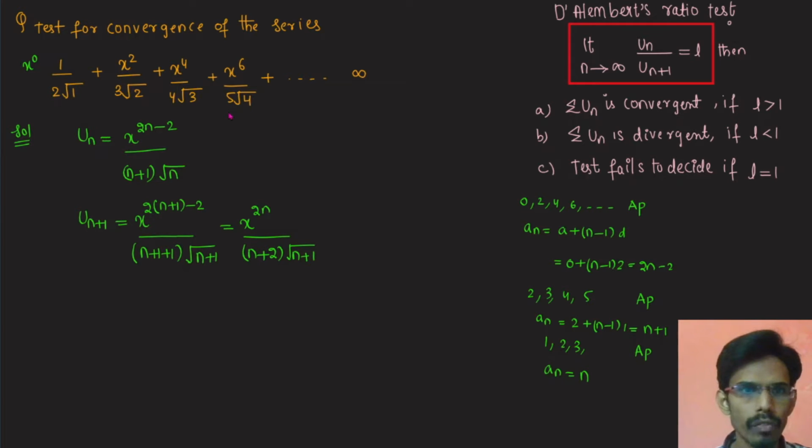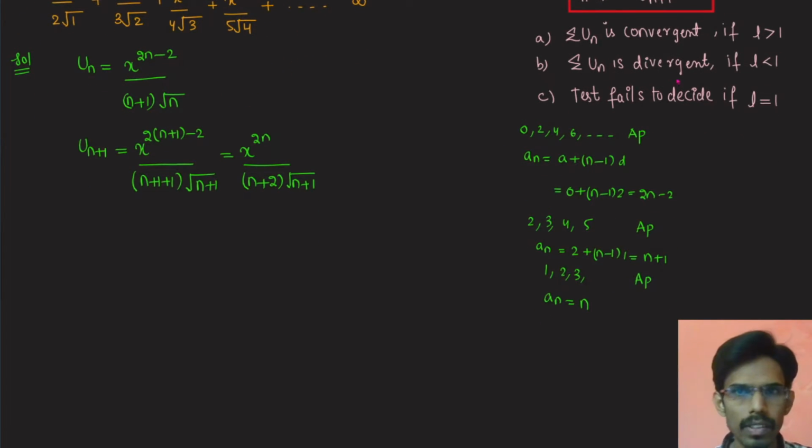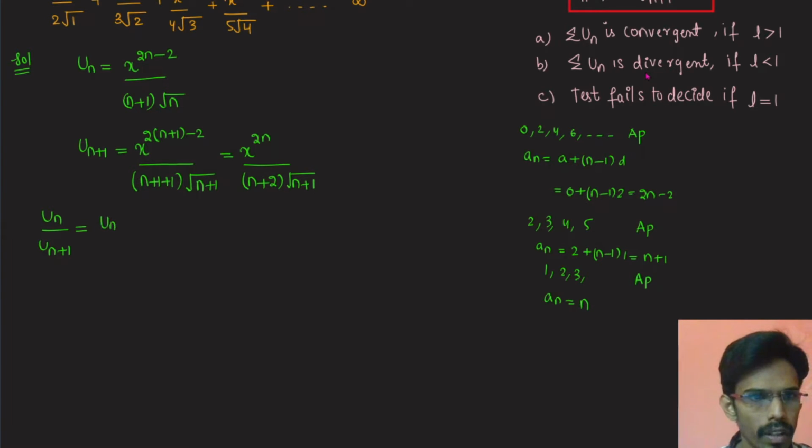Now we want the ratio of these two, correct? So we want the ratio of un upon un plus 1. This can be written as un into 1 by un plus 1. The value of un is x power of 2n minus 2. If I split this as x power of 2n into x power of minus 2, upon we have n plus 1 root n.